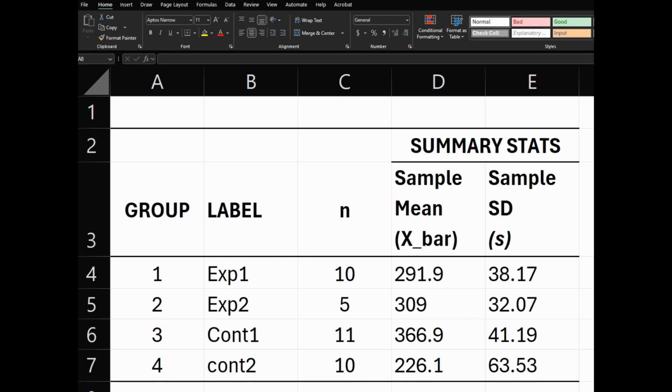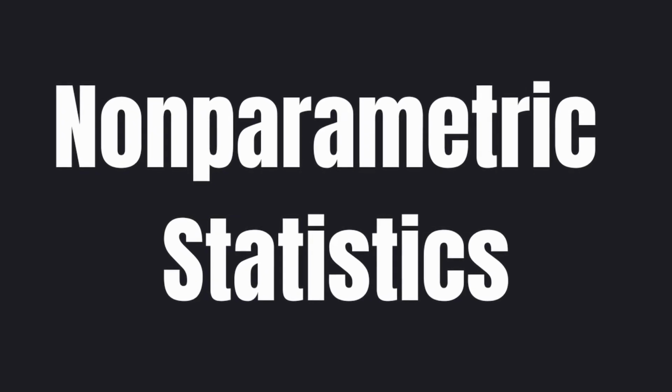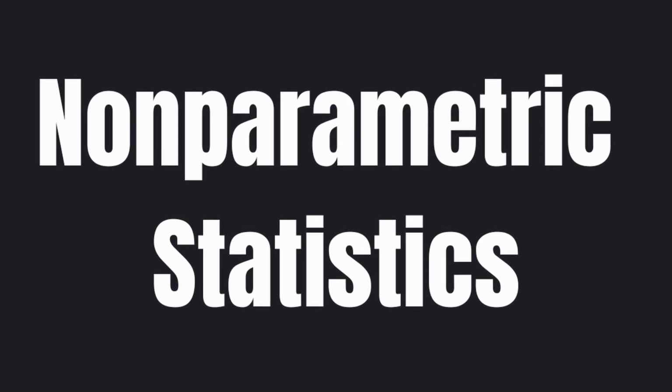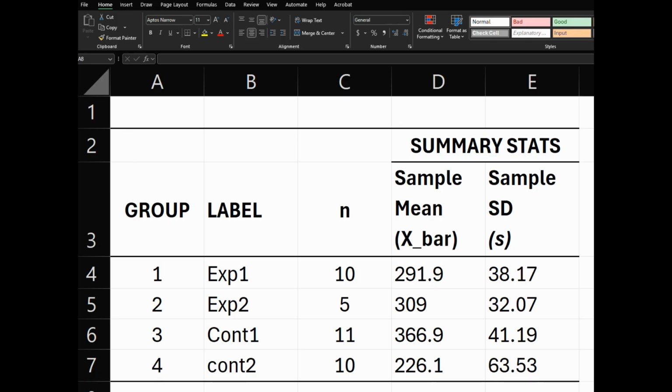And so, if this homoscedasticity assumption is violated, well, you got trouble. A whole lot of trouble. And that would take you into the realm of non-parametric statistics. But we're not going there today, at least not in this video.